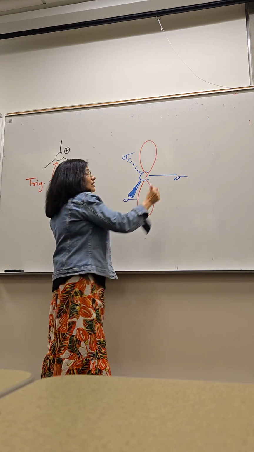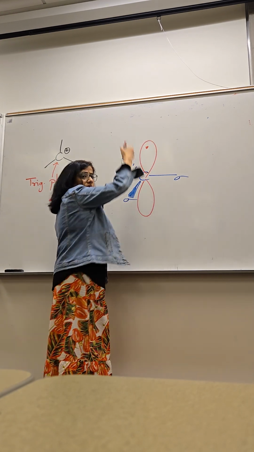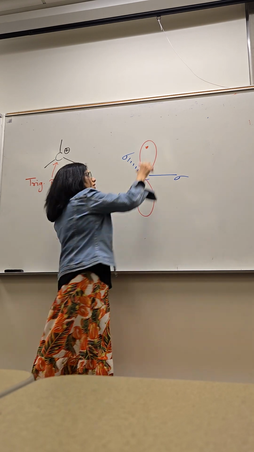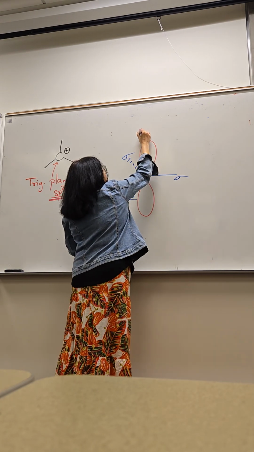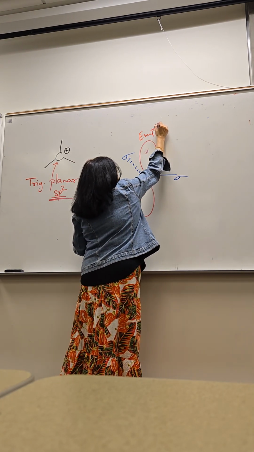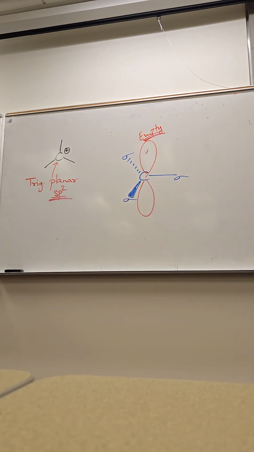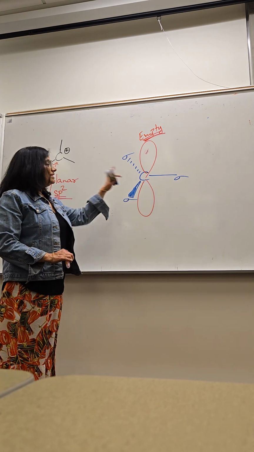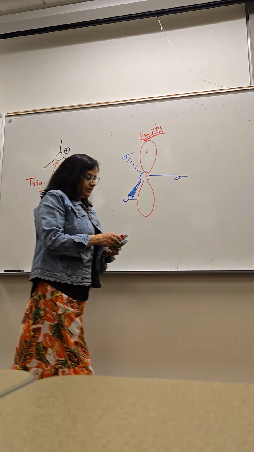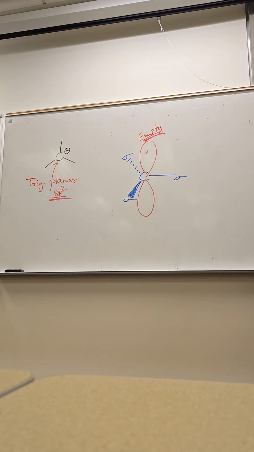Unlike a radical, in which there was one electron in the p orbital, neutral. In a carbocation, this is empty. Everybody okay? Cool. So, based on this, let's talk about the relative order of stability of carbocations.